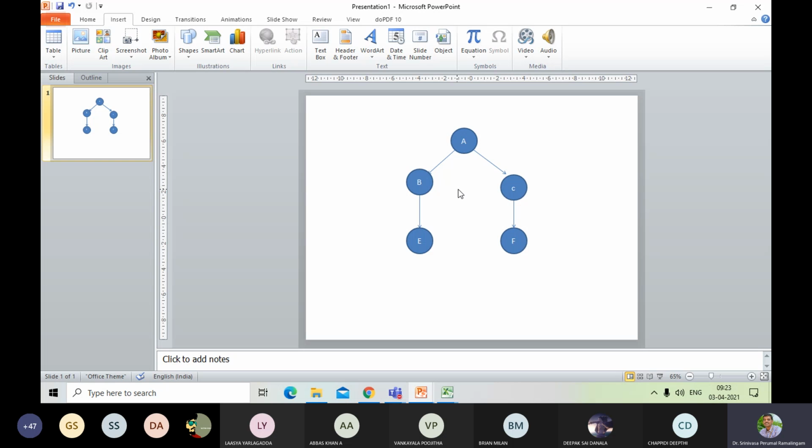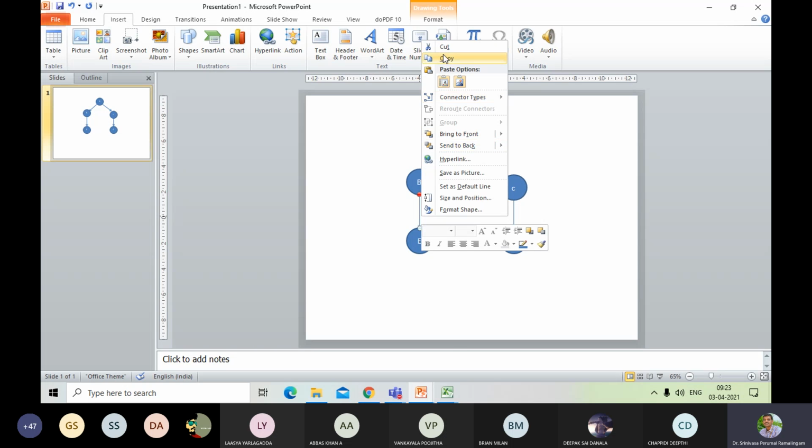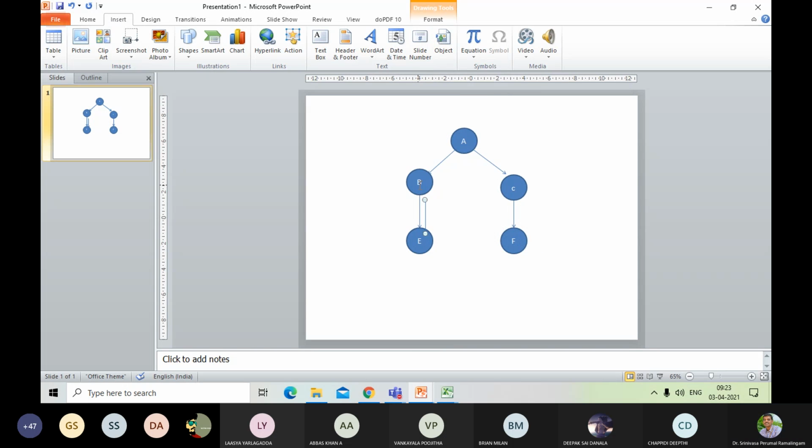If suppose after E you have any other element, that element is also taken.